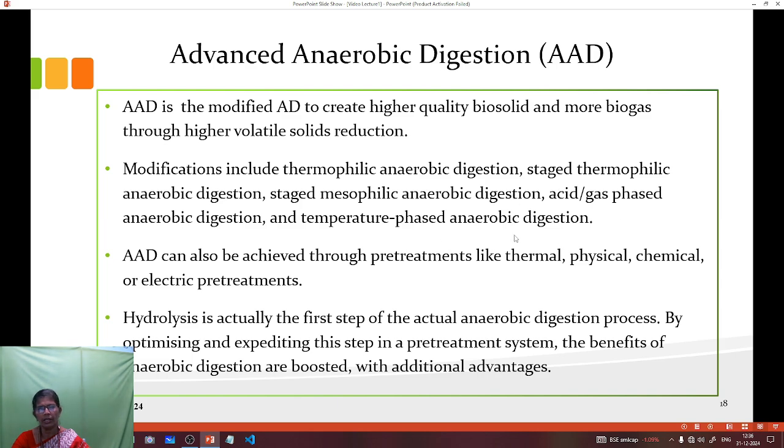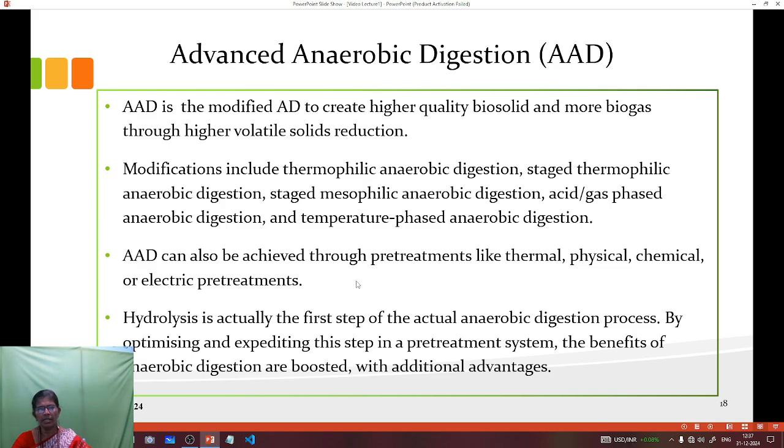These are the modifications done in anaerobic digestion for better results, and this can be achieved by thermal, physical, chemical and electrical pre-treatments.